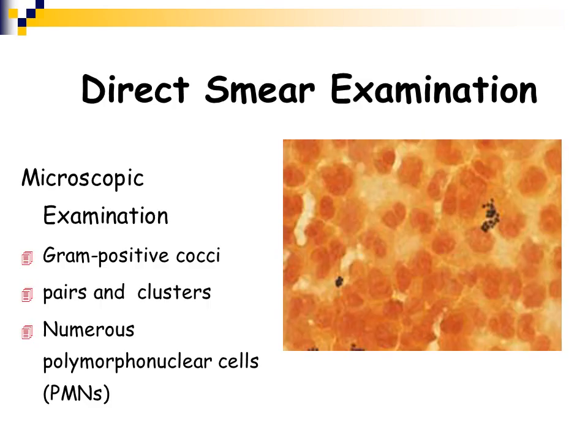This is a direct smear examination, so in a microscopic direct smear of a patient specimen, if you saw gram-positive cocci that were in pairs and clusters, that of course would be indicative of a staph. And a lot of times if you see a lot of what's called PMNs or polymorphonuclear cells, granulocytes, you are automatically going to think bacterial infection.